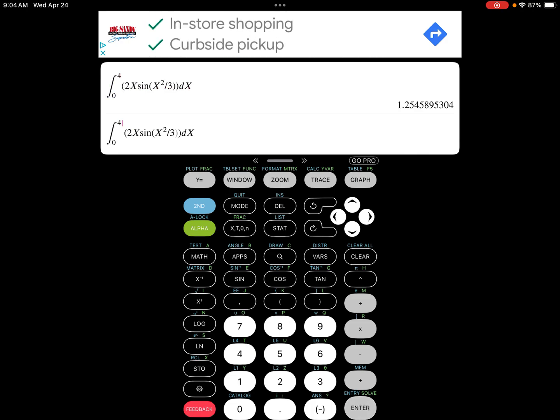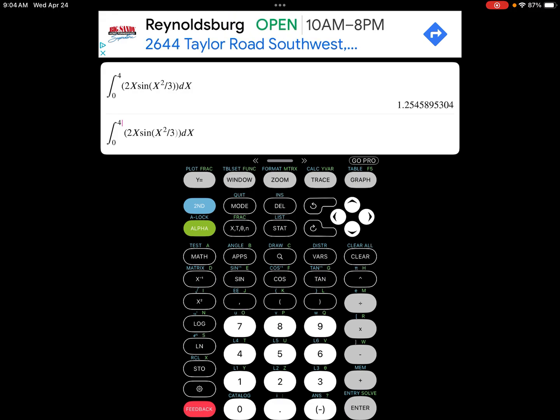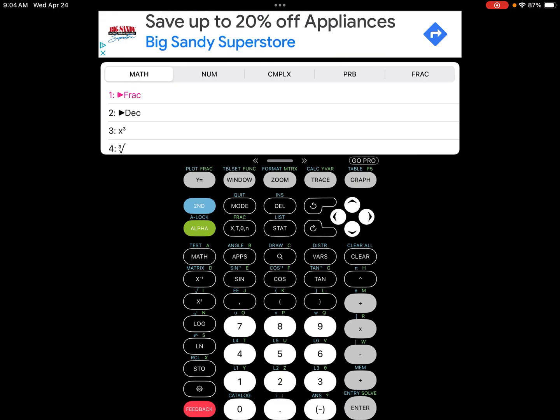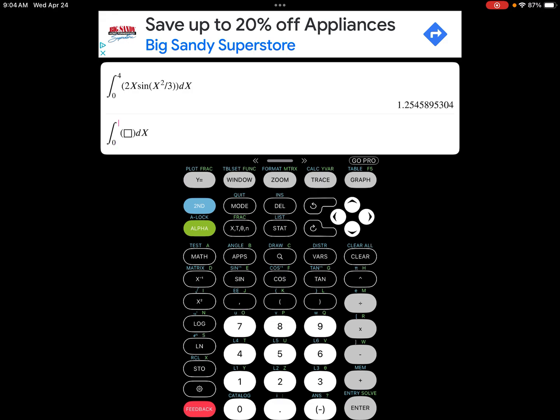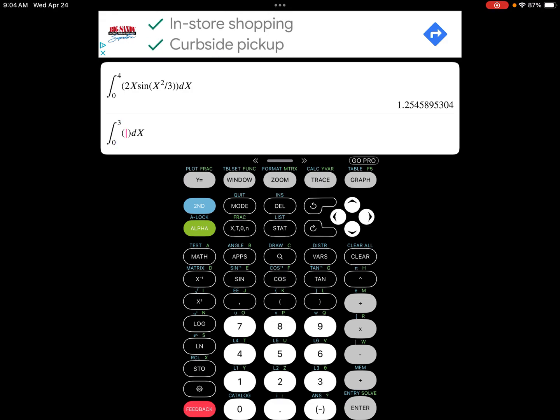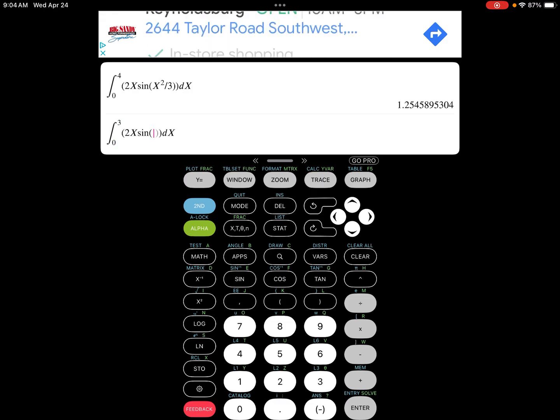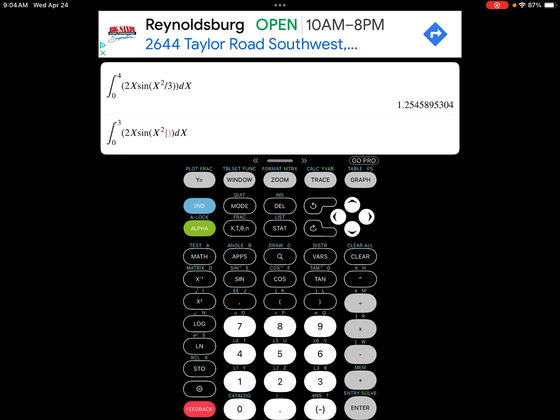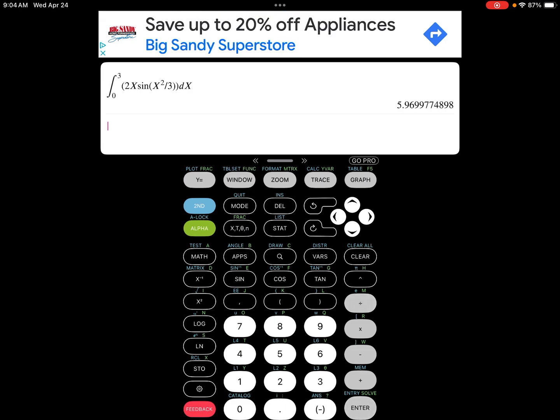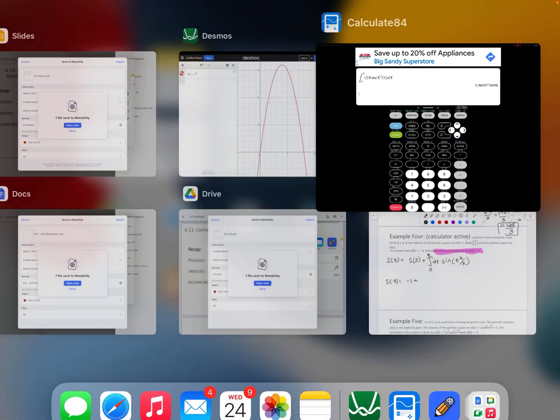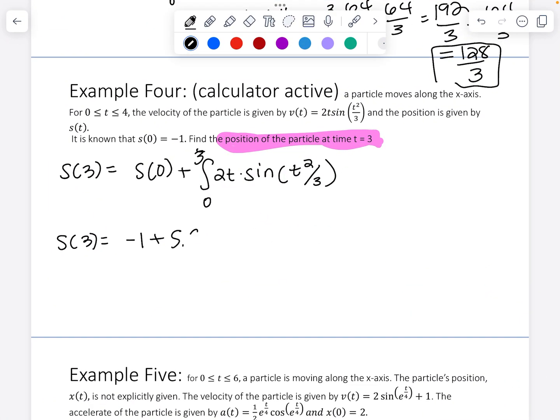This top bound should be a 3, oh man, I cleared the whole thing, that's fine, we'll try again, okay, 0, 3, 2x sine x squared divided by 3. Yeah, and then I should get 5.969, so I'm going to round to 5.97 plus negative 1, and so our final answer and the positions, or the particle's final position is 4.97.